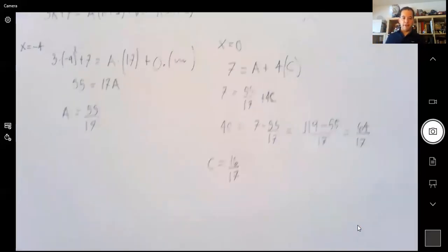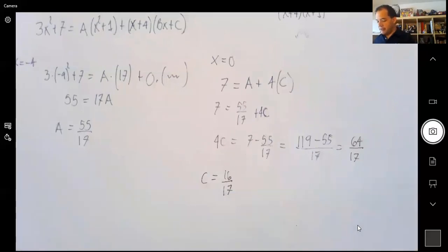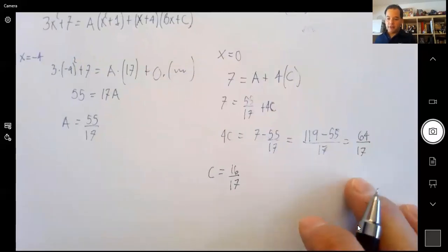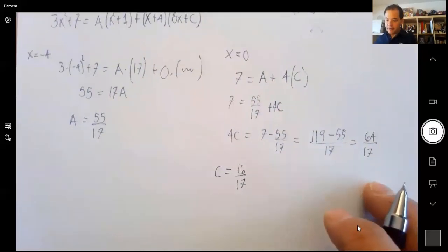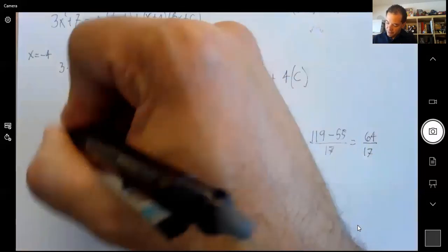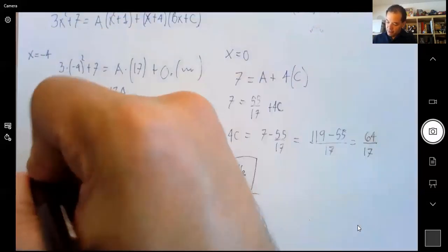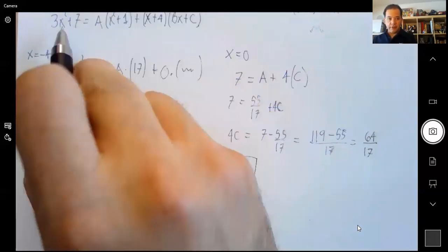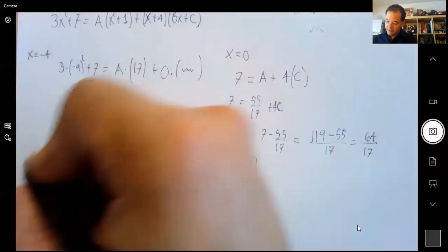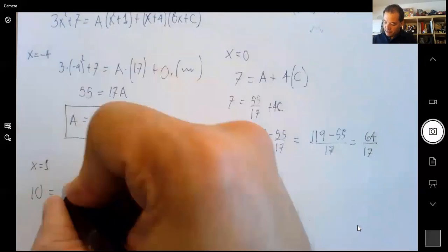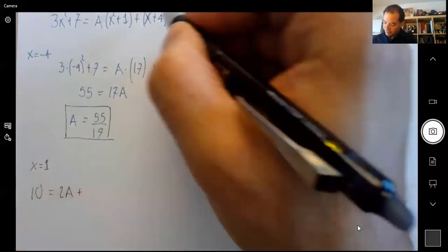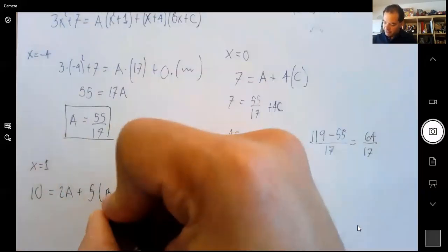All right. So we got A, we got C, we're still missing B, so we have to plug another value, and then any number is as good as any other. The smaller ones are better, so I'm going to use something like 1. So x equals 1 is easy to plug. Then this will be 10 equals 2a plus 5 times b plus c.